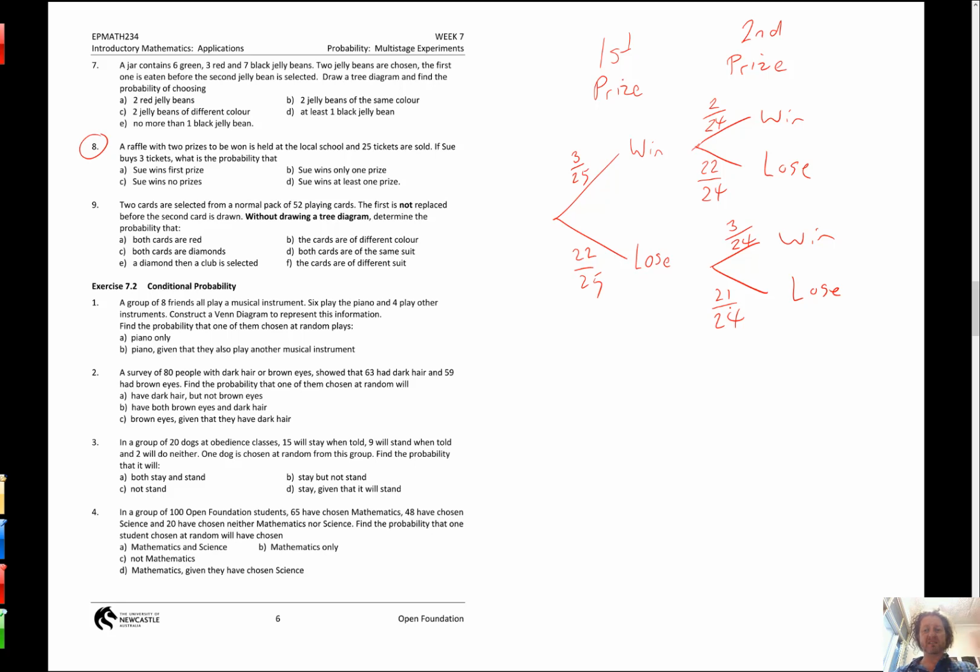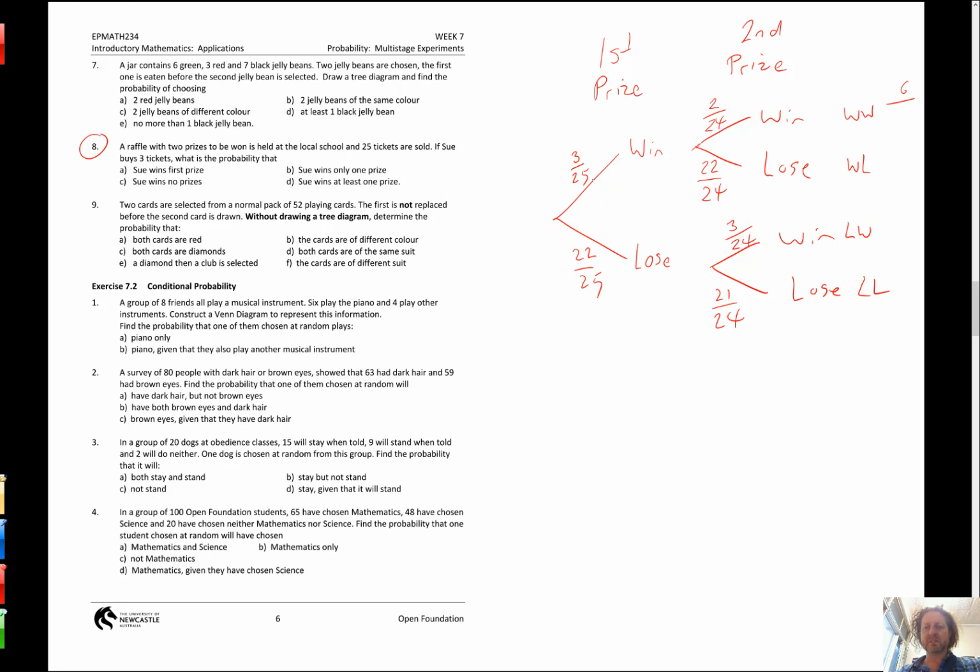And then I would put a win-win. She could win both. A win-lose, win one, not the other. Lose-win, win the other, but not this one. And lose-lose. And the probability of all of them is what I get if I multiply these out. 2 by 3 is 6. What's 24 by 25?